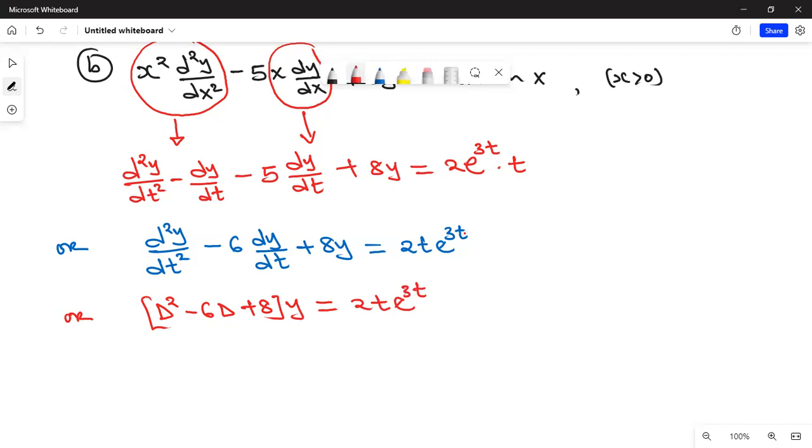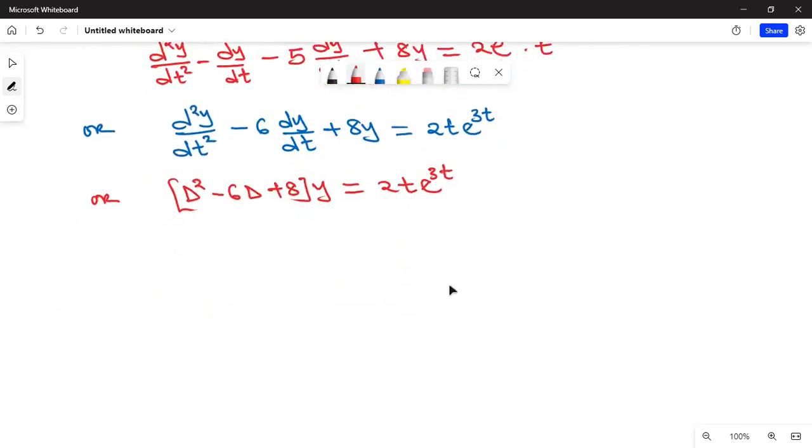So we have two solutions, the complementary function and the particular integral. So you can write here Roman 1, complementary function, which we denote by y subscript c. And we said here you need to solve the homogeneous part. Let me just write the homogeneous part here.